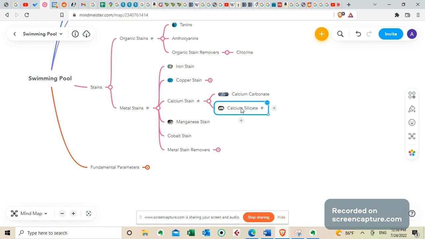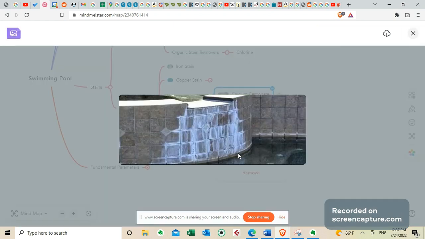And if they don't build it correctly or don't seal it off properly, the calcium from the concrete can literally leach into the water, and then it forms these crystals or this scale on the pool surfaces, right? So it literally comes in from the concrete itself.